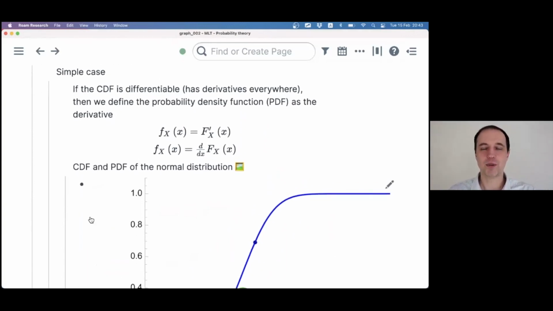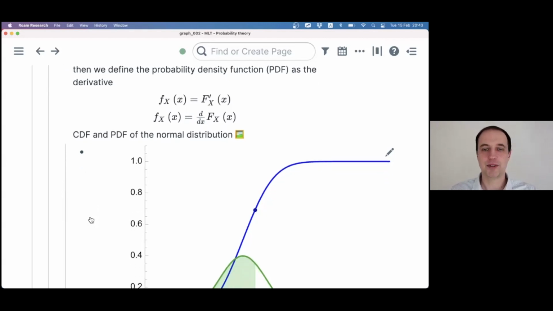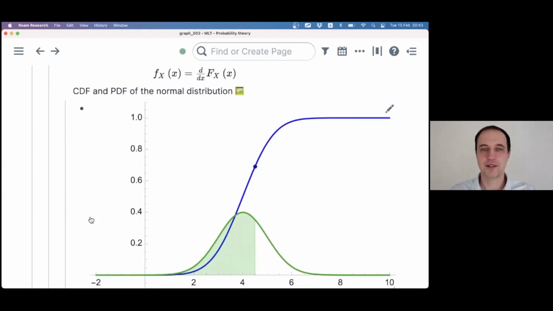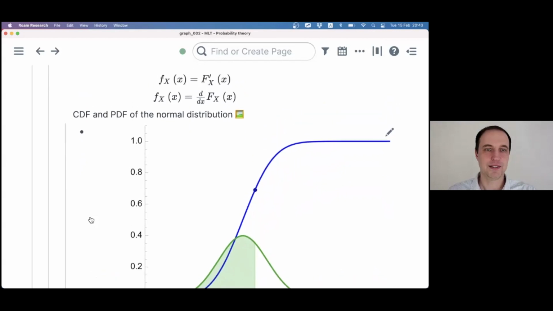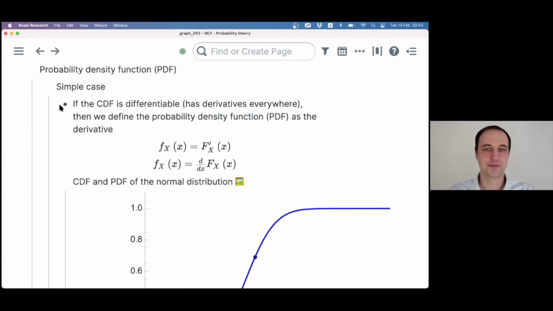Now, why would we want to consider something more general? It's simply because the PDF can be discontinuous, and we may want to be able to handle things like that.